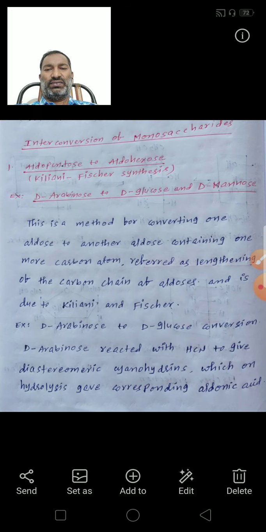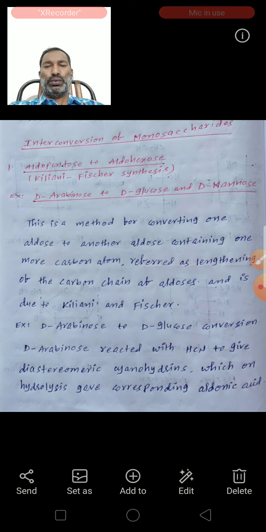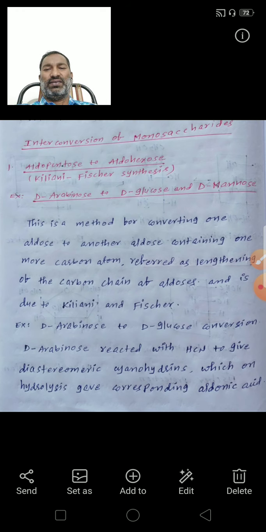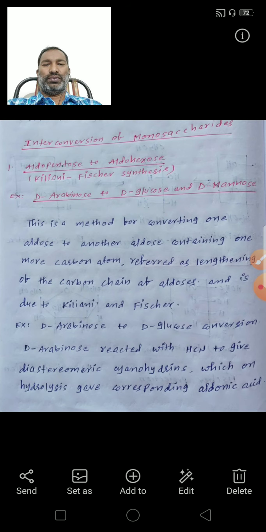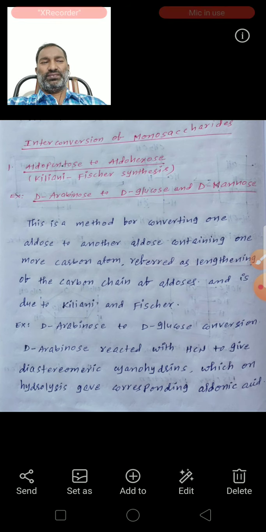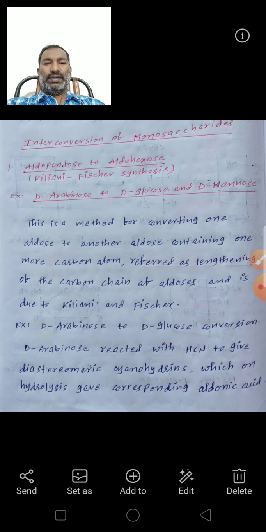First, D-arabinose reacts with hydrogen cyanide to give diastereomeric cyanohydrins, which on hydrolysis give the corresponding aldonic acids. These acids are reduced via lactone to give D-glucose and D-mannose.